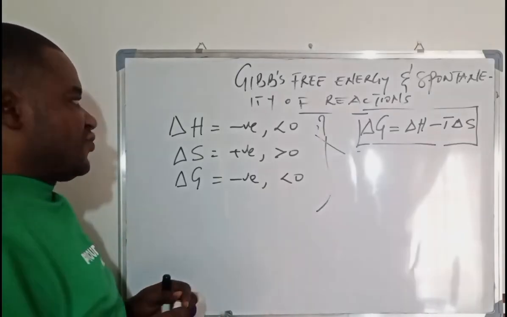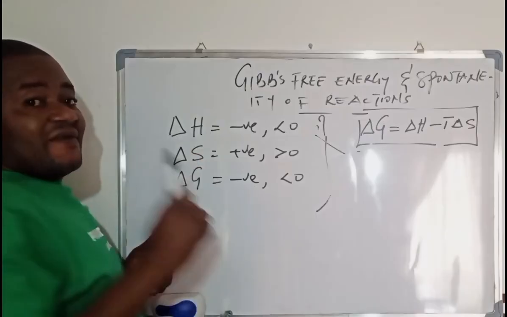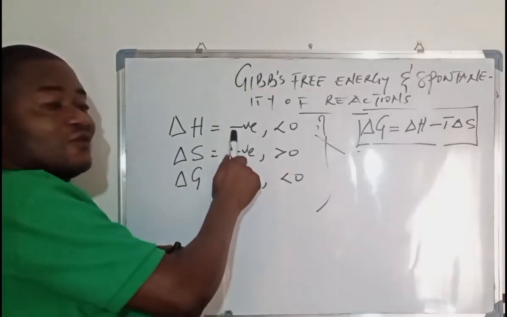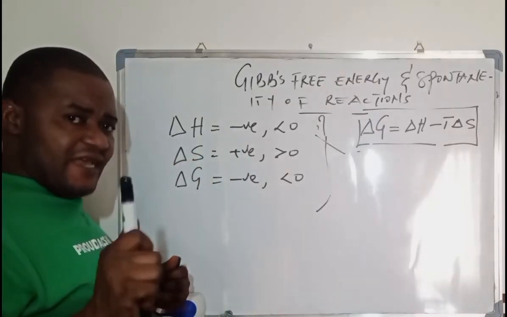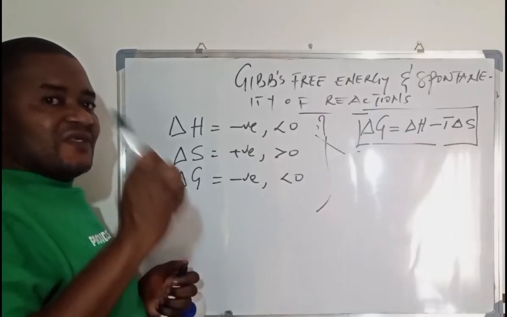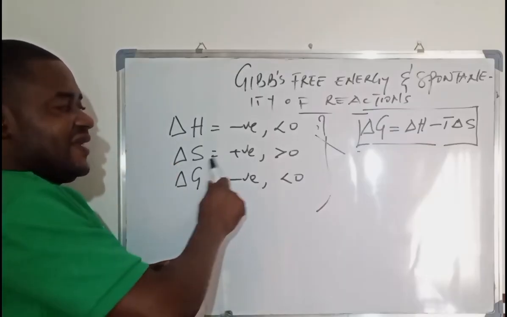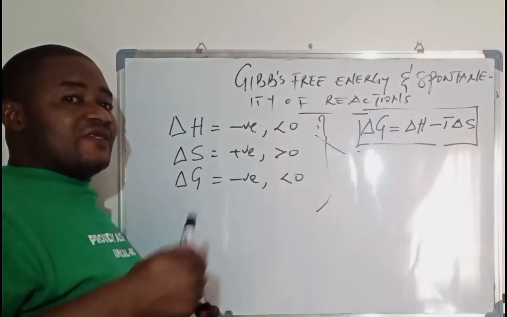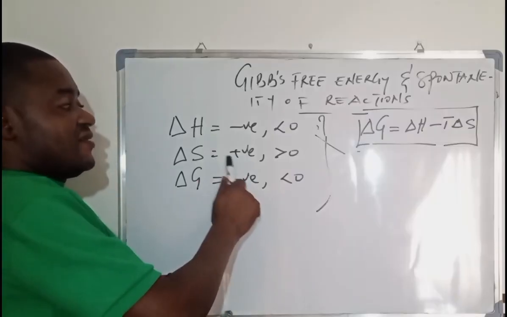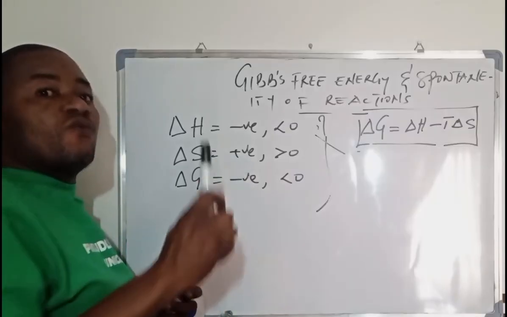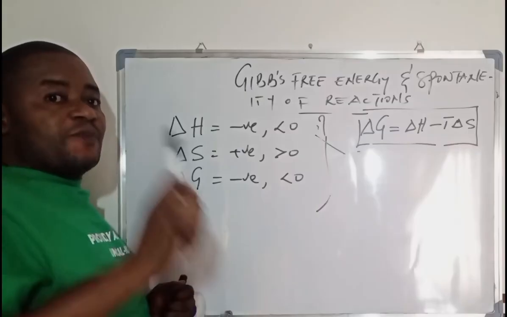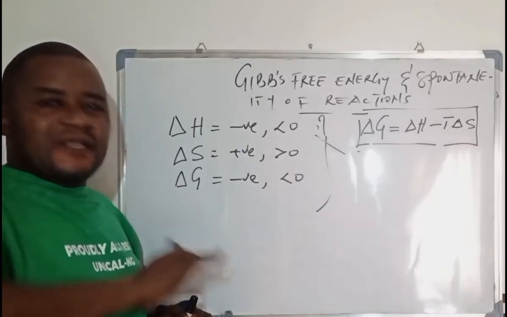Now, this is the implication: a reaction that is exothermic in nature, leading to an increase in the degree of disorderliness of the system, that is an increase in what? Entropy, will always be spontaneous at all temperatures.